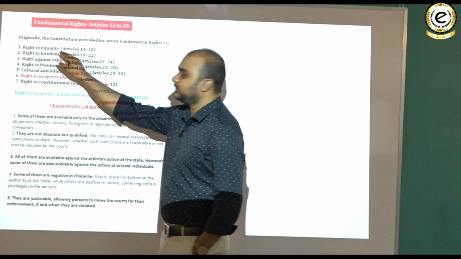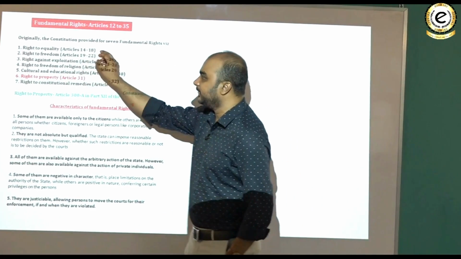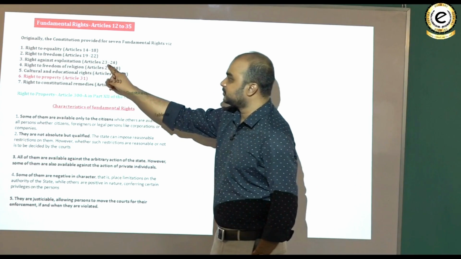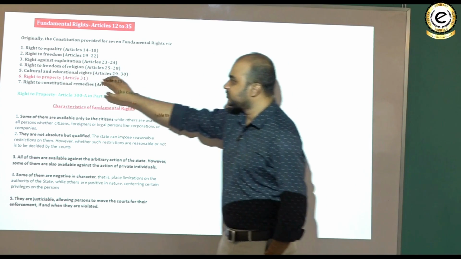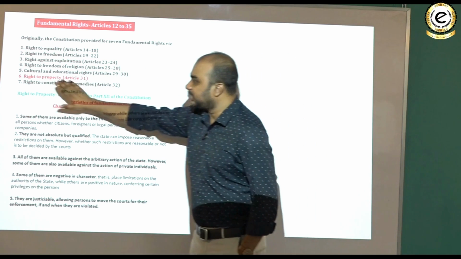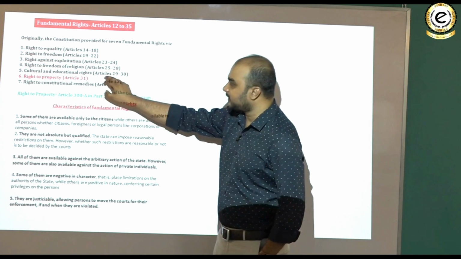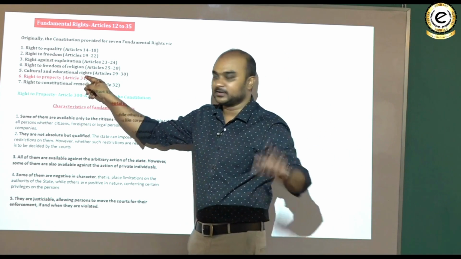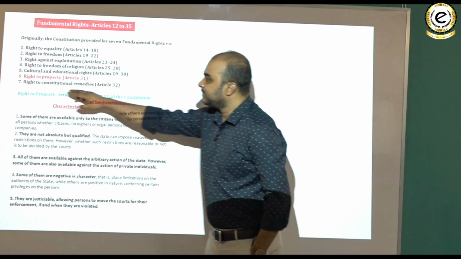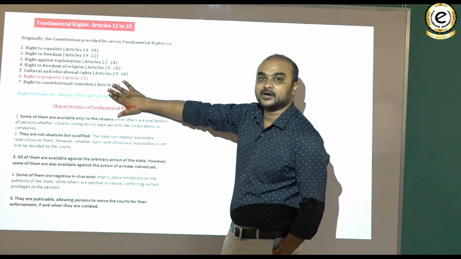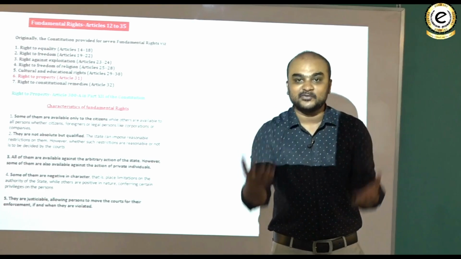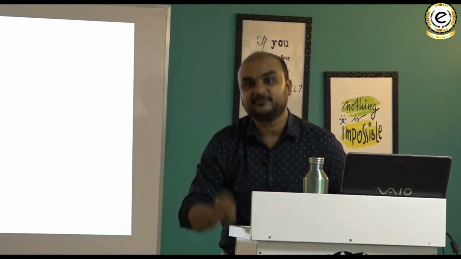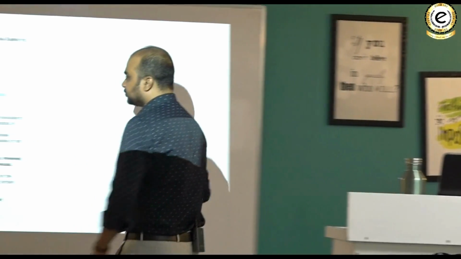The first one is right to equality, and it is contained in Articles 14 to 18, right to freedom between Articles 19 to 22, right against exploitation, Articles 23 and 24, right to freedom of religion contained between Articles 25 to 28, cultural and educational rights, they are contained in Articles 29 and 30, right to property, which originally was a fundamental right, but no longer it's a fundamental right, that's why I'm showing it in red ink, and then right to constitutional remedies, which is contained in Article 32, the right to move the Supreme Court directly for the enforcement of any of the fundamental rights, which in itself is a fundamental right, and that is the right to constitutional remedies.